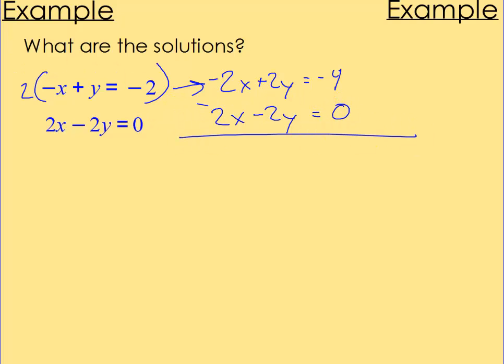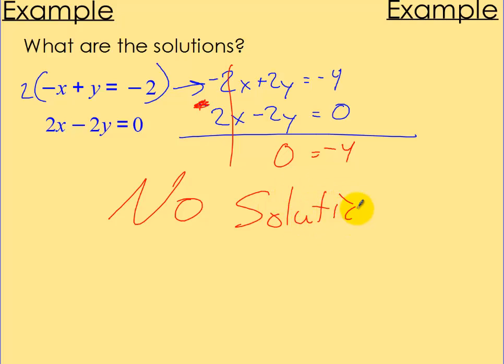So if we add these up, what happens? This is just +2x, that was a typo. So -2x plus 2x cancels. The y's cancel out, so I get 0 equals -4. Does 0 equal -4? No. So we say no solutions. This is one of those special cases. No solutions for x work out.